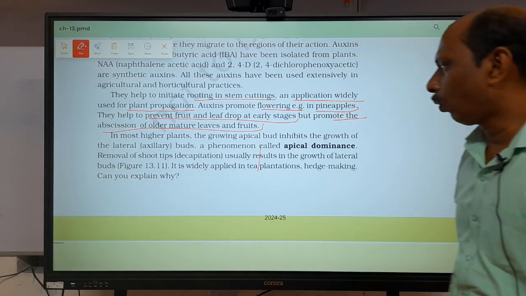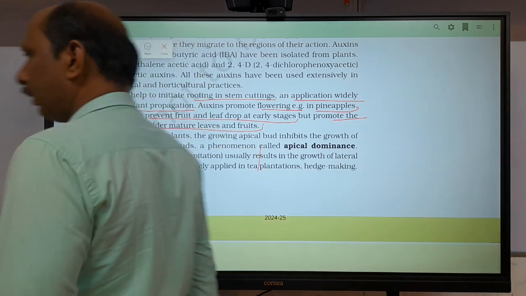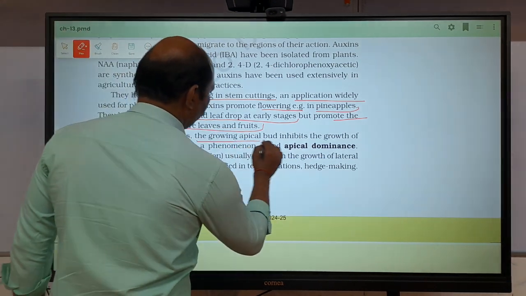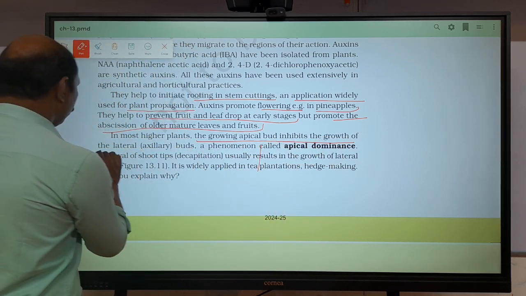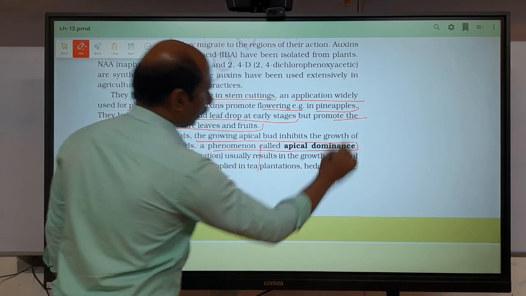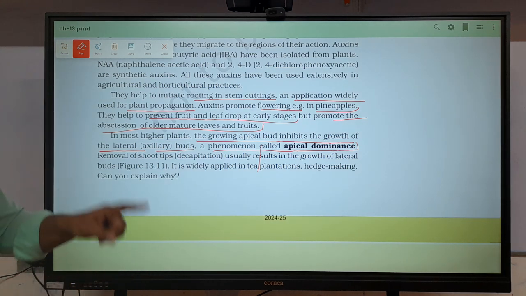In most higher plants, the growing apical bud inhibits the growth of the lateral axillary buds, and this phenomenon is called apical dominance. Look here, the growing apical bud inhibits the growth of the lateral or axillary buds. This phenomenon is called apical dominance, right? Because they suppress the growth of lateral branches.